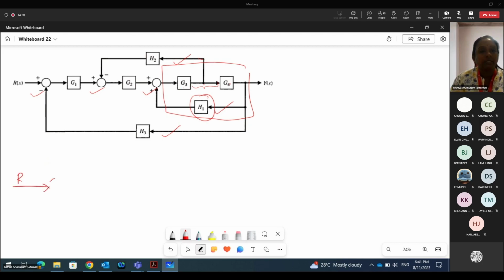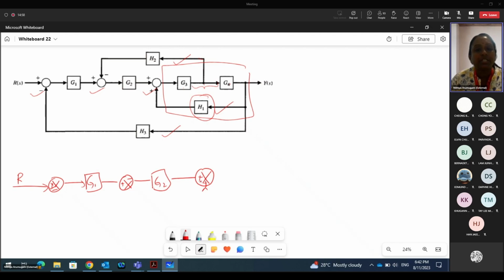R plus minus G1 to another summing point plus minus here G2 and then one summing point plus.